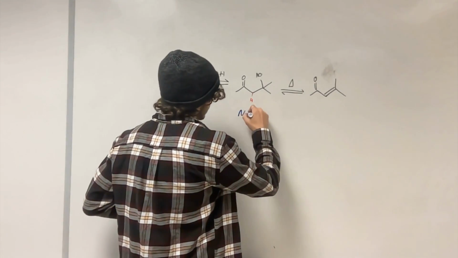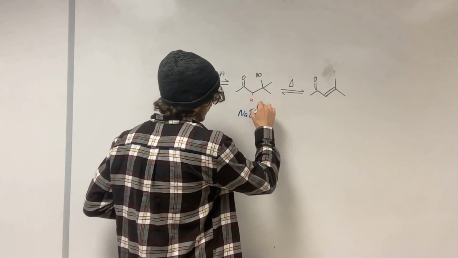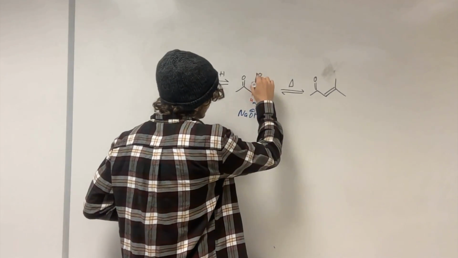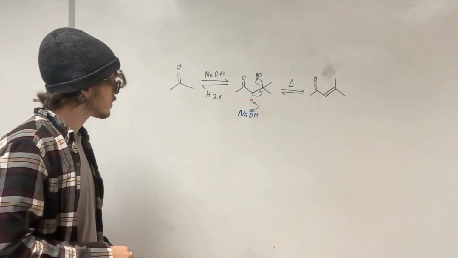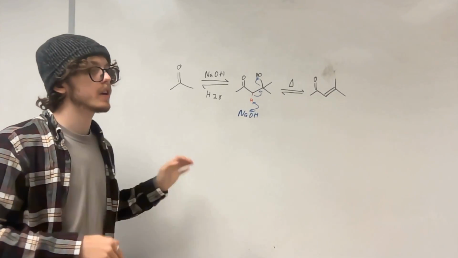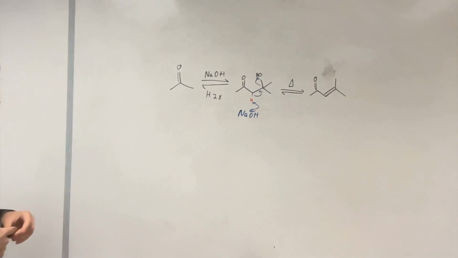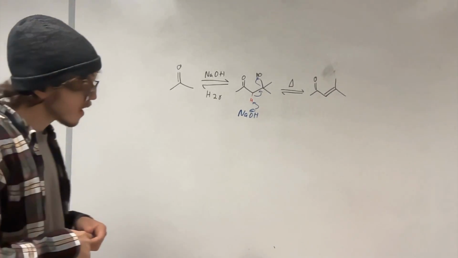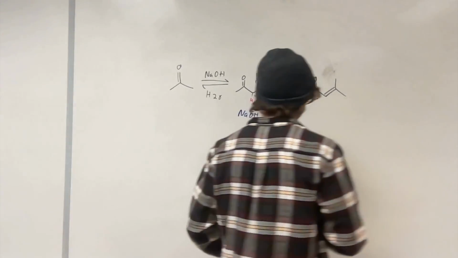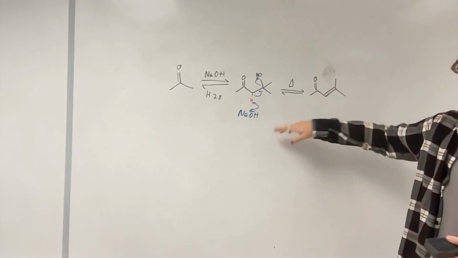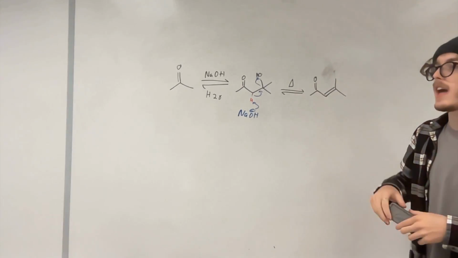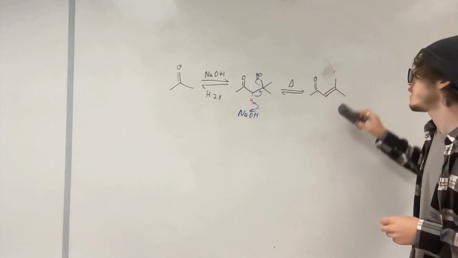NaOH would be like, come in, attack this, pi bond, kick out. Just simple E2 that you've learned. Okay, so that's what we call an aldol condensation. Now I want to look at what's called intramolecular aldol reactions. So this is kind of just a brief little point here, but it's very important that you know what happens when you heat an alpha-beta hydroxy ketone.